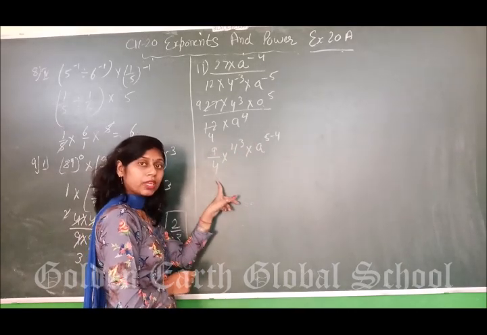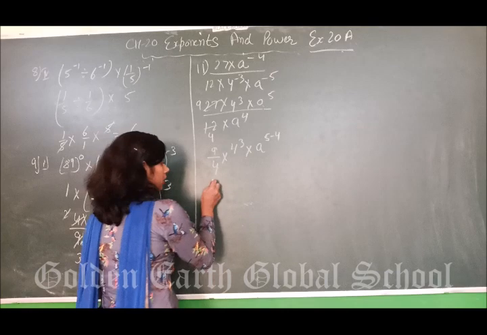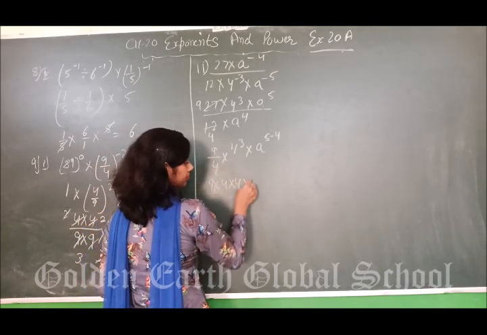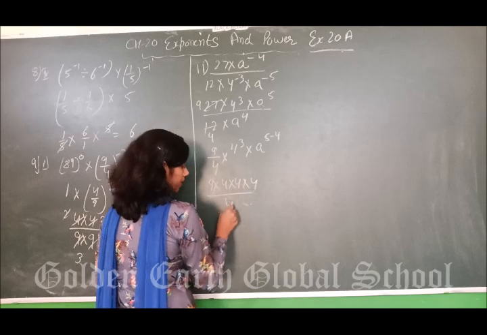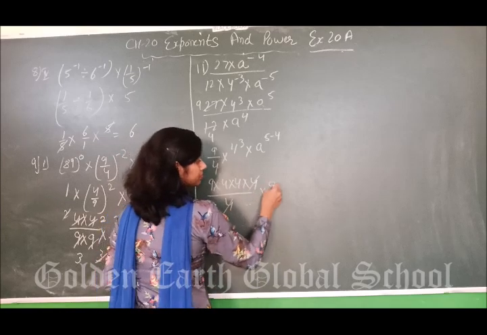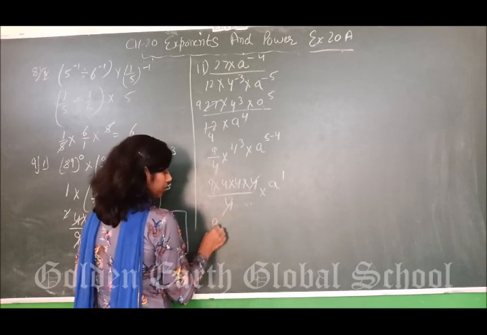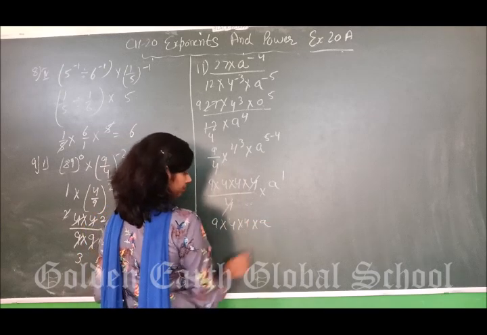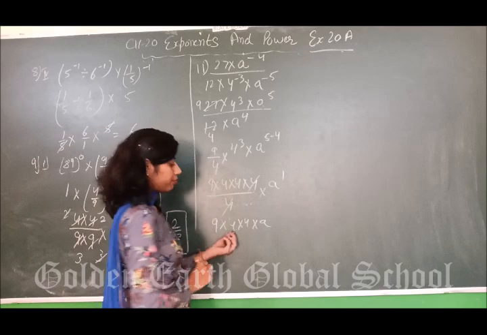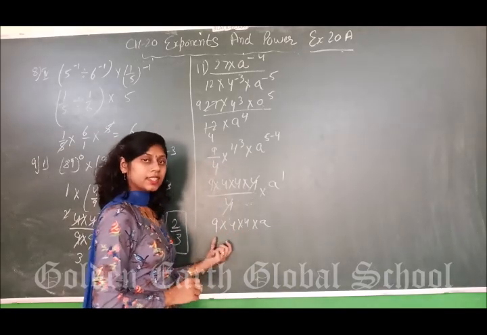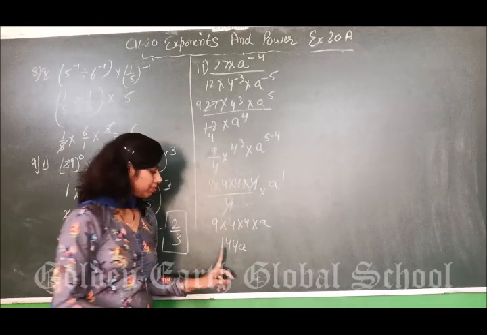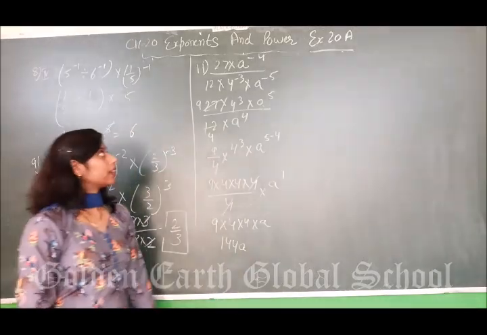One 4 will be cancelled with the denominator term. So we get only 4 into 4. Or you can write 3 times and then cancel it. So answer will be 9 into 4 into 4, 4 4s are 16, 16 into 9 is 144. So answer will be 144.